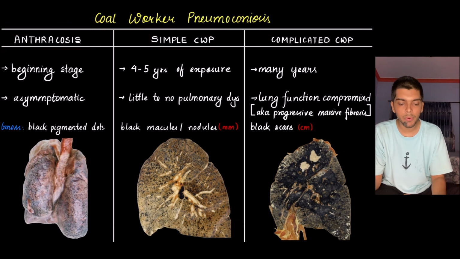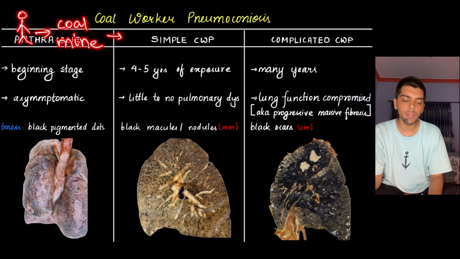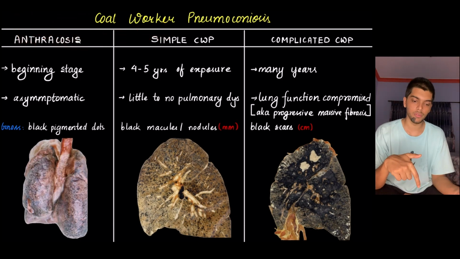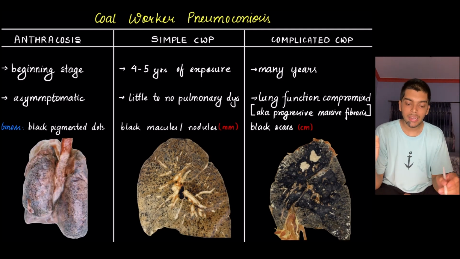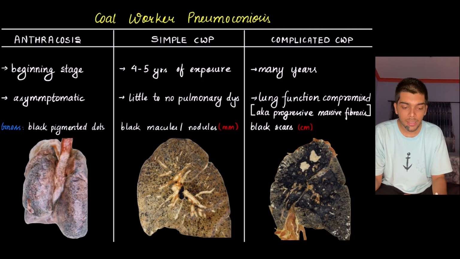Let's say there's a person who works in a coal mine, so he's being continuously exposed to carbon or coal. During the initial exposure, or the beginning stage, the person gets coal worker pneumoconiosis without any symptom, asymptomatic. This is called anthracosis.